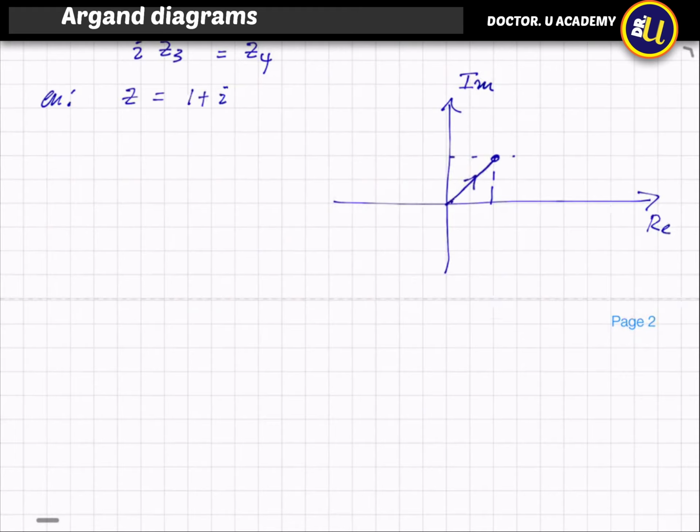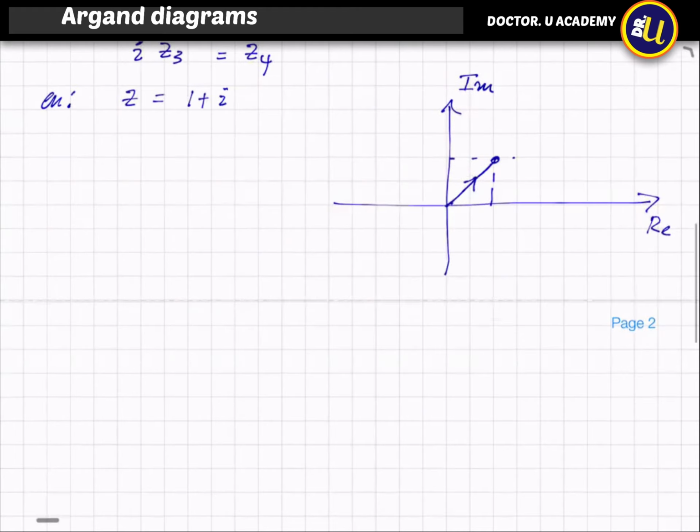If I do z1, which is i times z, without going into details, we know that i times z means the rotation of z in the anti-clockwise direction by 90 degrees.